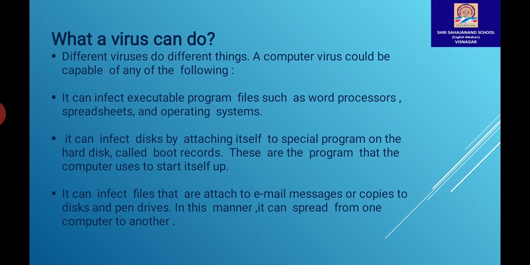These are the programs that a computer uses to start itself up. It can infect files that are attached to email messages or copied to a disk and pen drives. In this manner, it can spread from one computer to another.